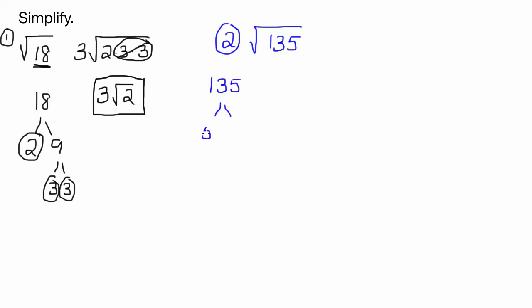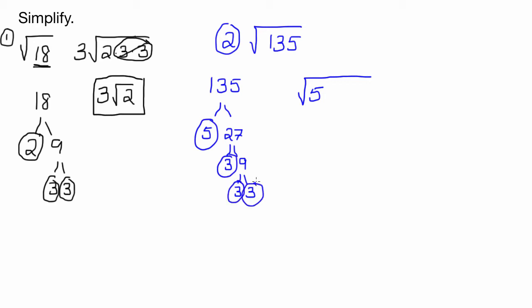That's going to be 5 and 27. And then that'll be 3 and 9, 3 and 3. So we can rewrite 135 as 5 times 3 times 3 times 3.